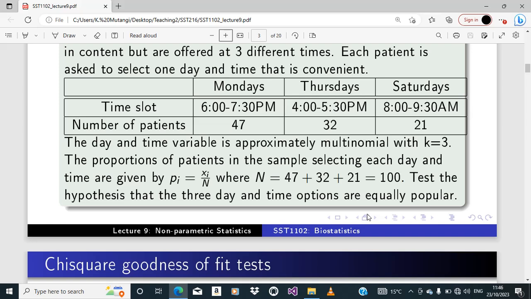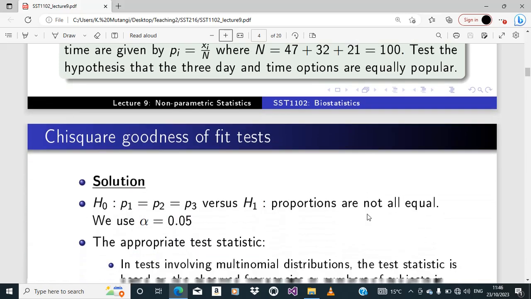In this kind of goodness of fit test, we are not estimating any parameters. We already have the proportions here, because p will be equal to 1/3 in this case, since all the 3 are equally likely. So we say 1 over the 3 categories which we have here.